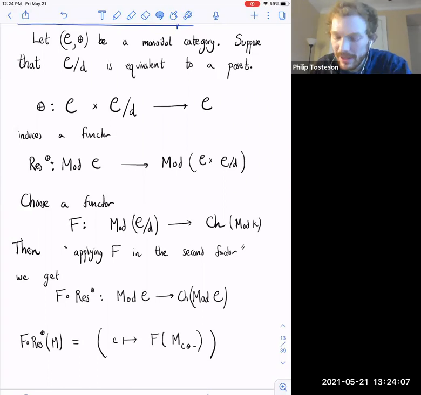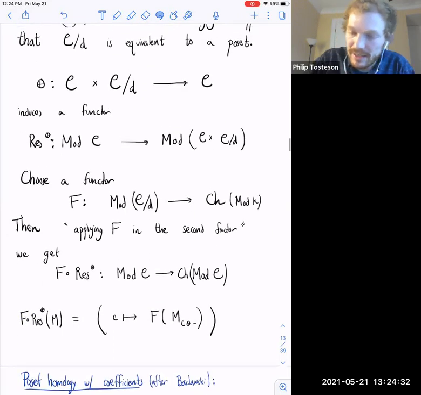If this sounds complicated, I can say what that is more concretely. The composite f composed with restriction along plus sends the module M to f of M restricted along C plus. So we take our module and think about it as a module over something equivalent to a poset, and then we apply some functor from posets to chain complexes. And then what I have to say is: what is f?